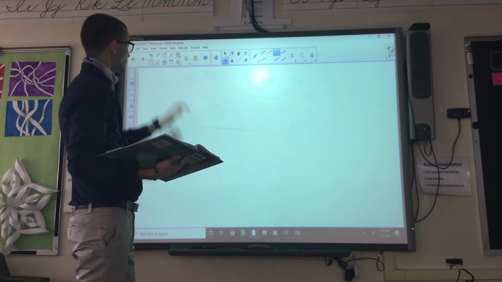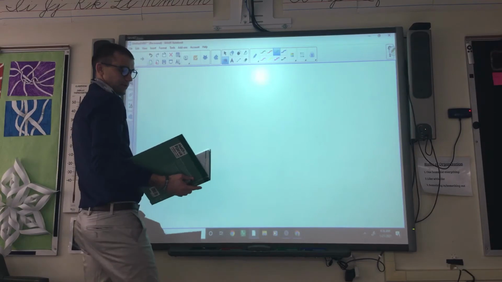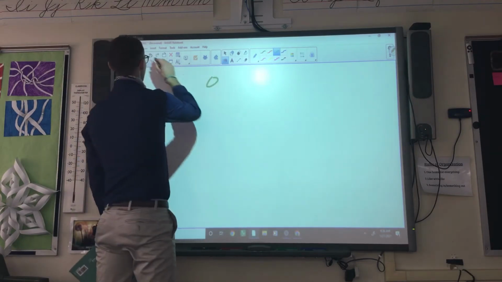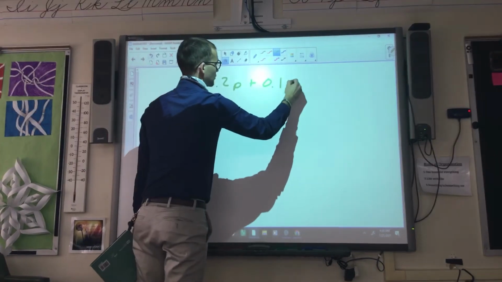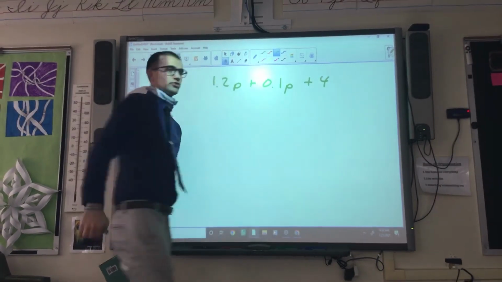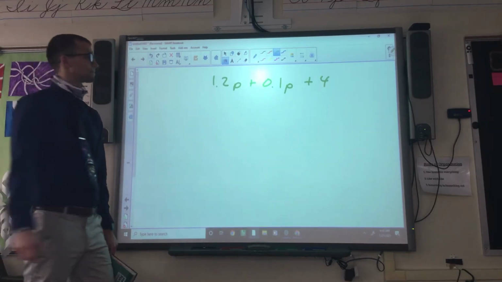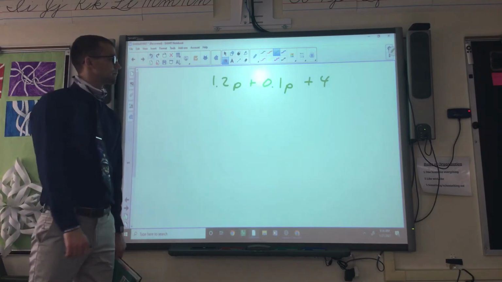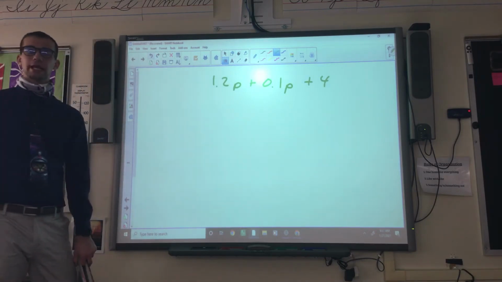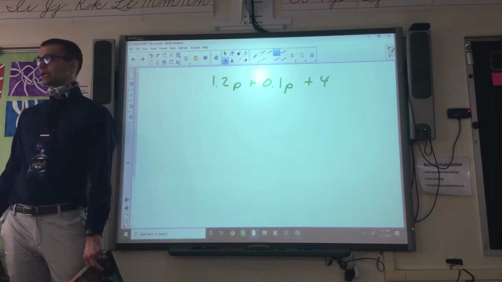146 then has 1.2p plus 1.1p plus 4. Which two are the like terms? 4 and 1.2? Nope, those are not like terms. You can't add 4 scissors and 1.2 of whatever you don't know what it is together.